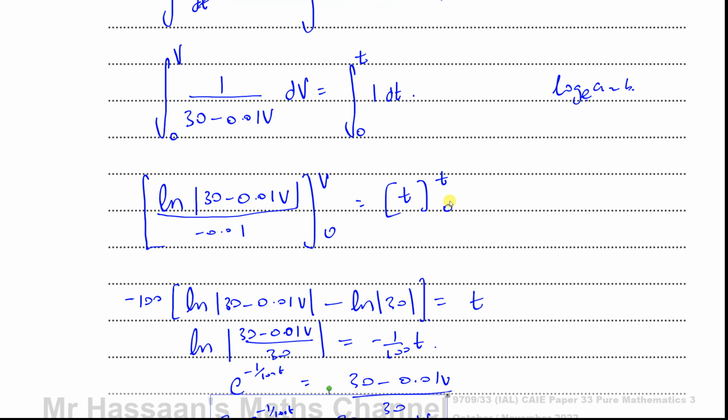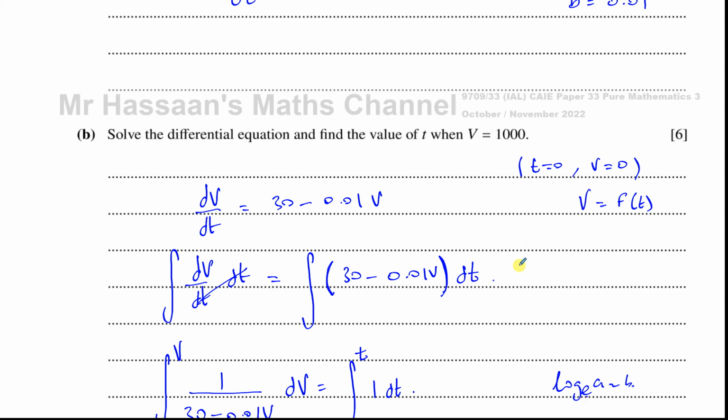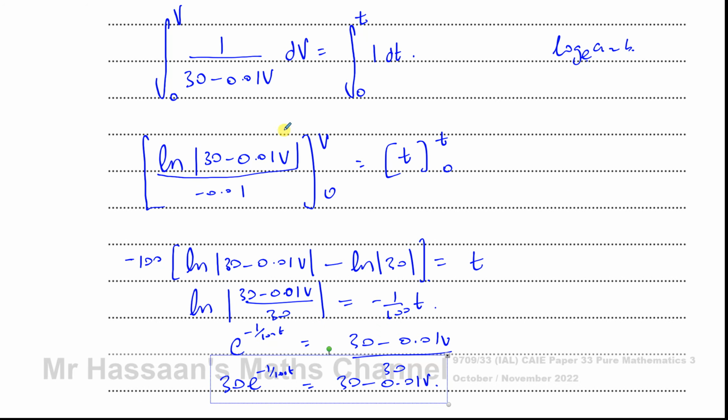Right, now if the question hadn't said solve the differential equation and find, if it just said find the value of t when v equals 1,000, then at this stage I could have put here v is 1,000, t is t, this is 0, and this is 0. And instead, I would have put v is 1,000 in this place here.